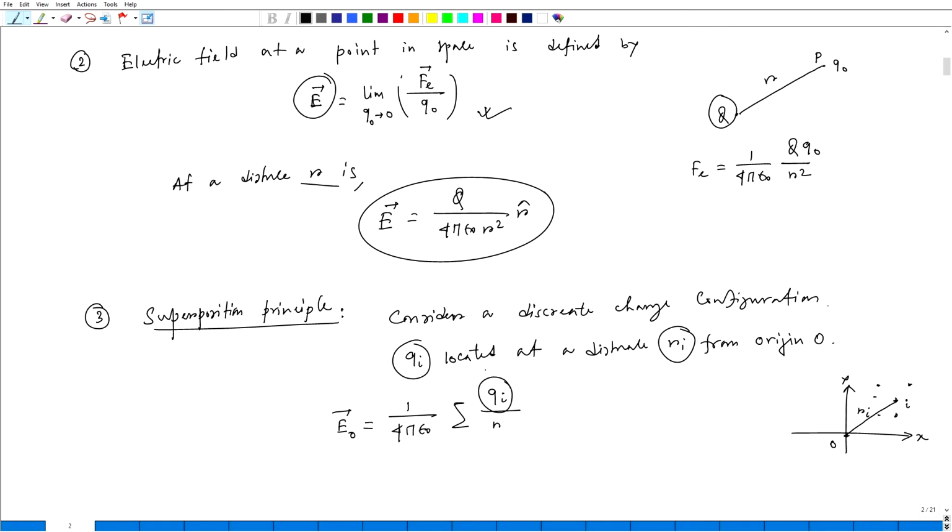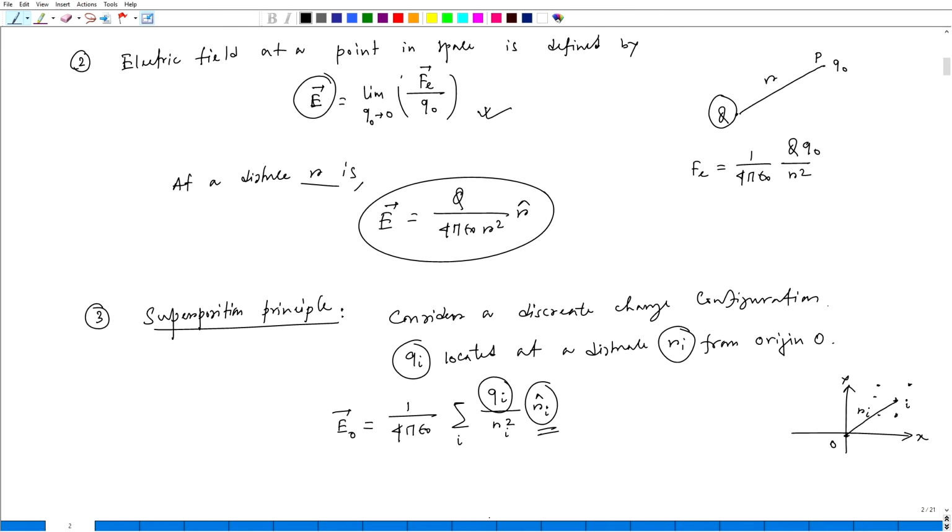This Qi includes the sign. Ri hat is a unit vector in this direction. Ri is a scalar quantity, but this one is a vector. So we add the vector sum.